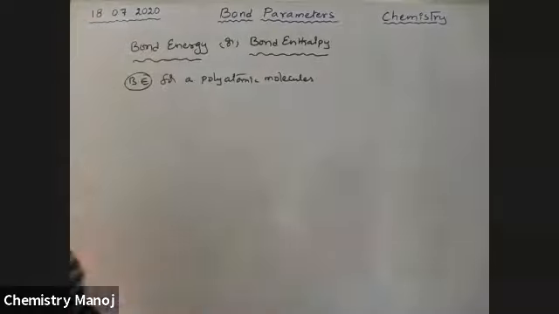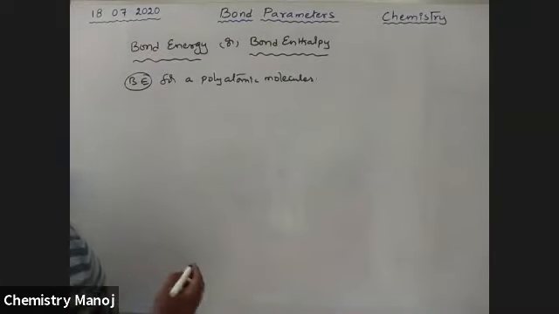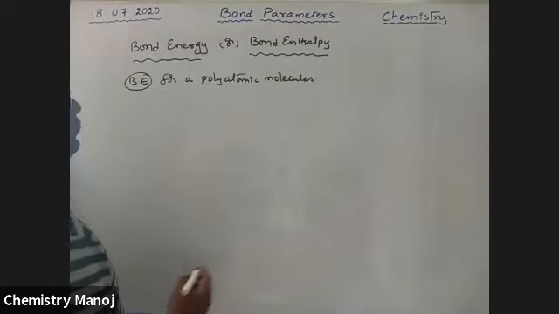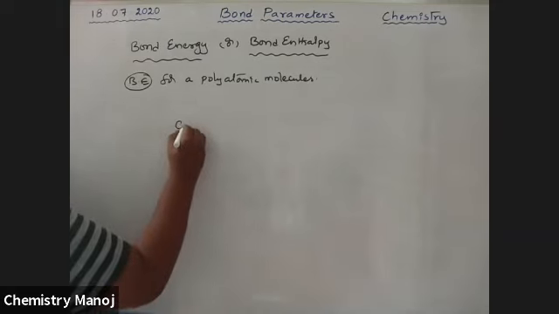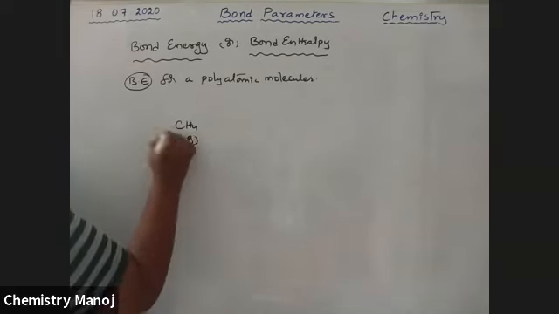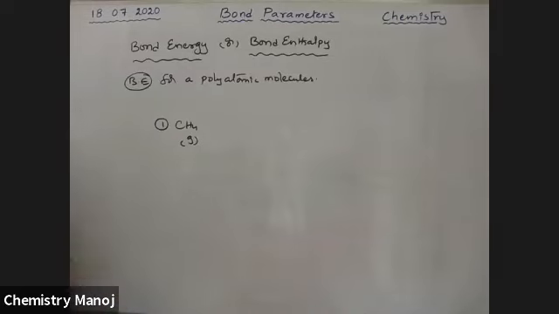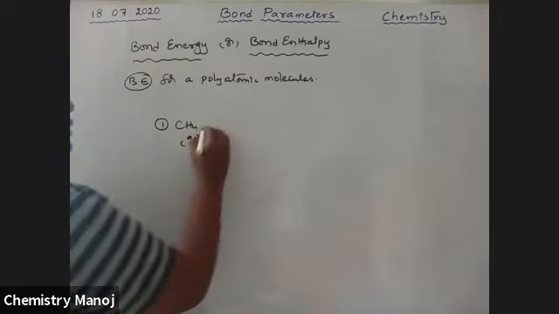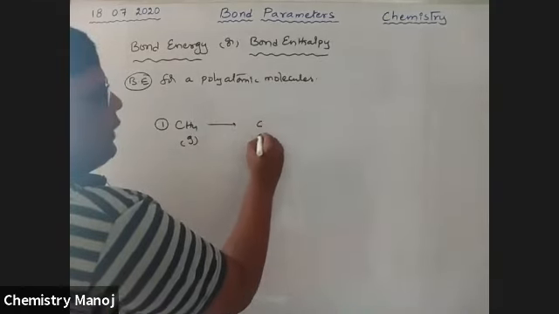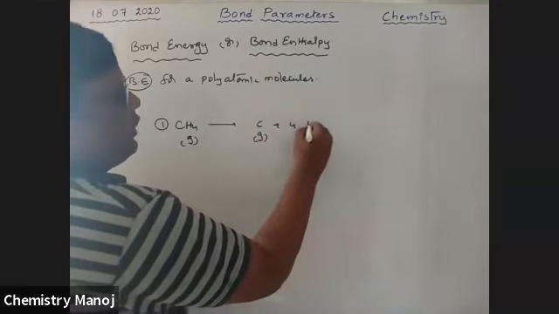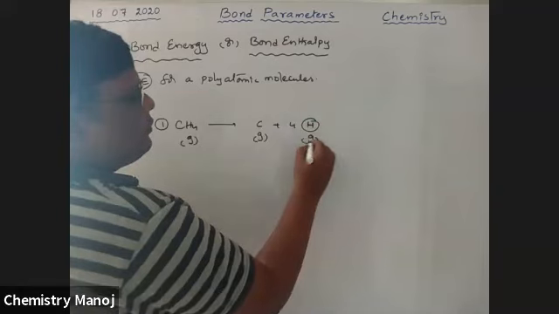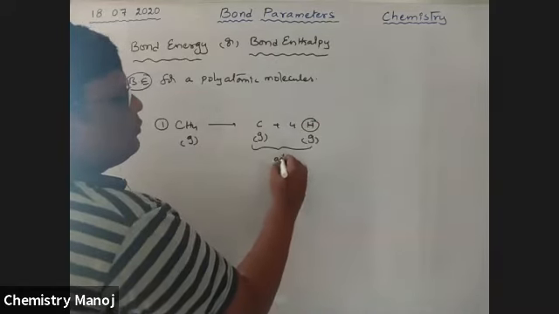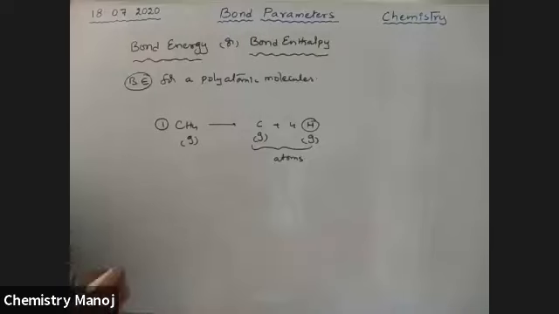See here. Let us take CH4 gaseous molecule, and 1 mole is there. 1 mole methane molecule is there. Now I want to convert this into carbon atom plus 4 hydrogen atoms.